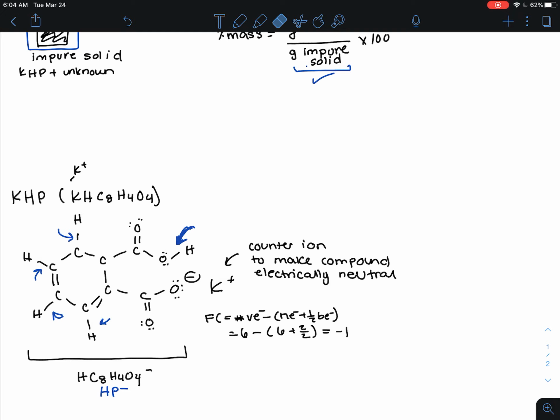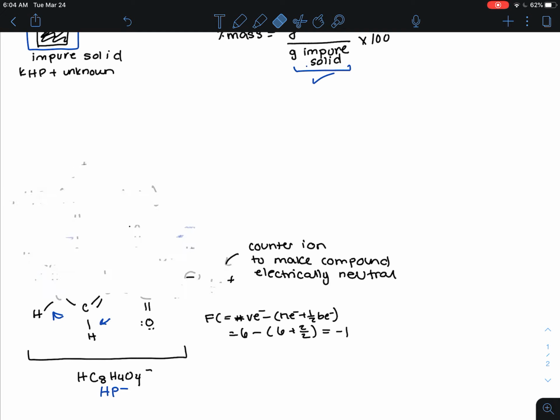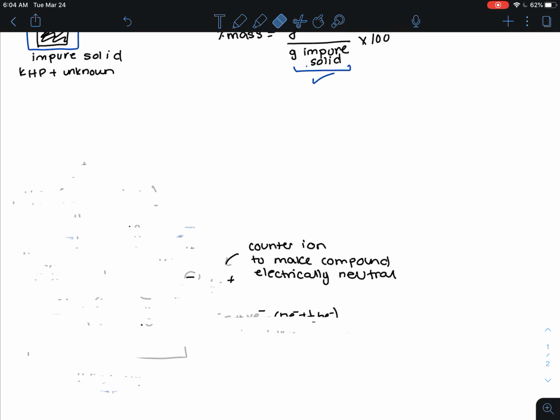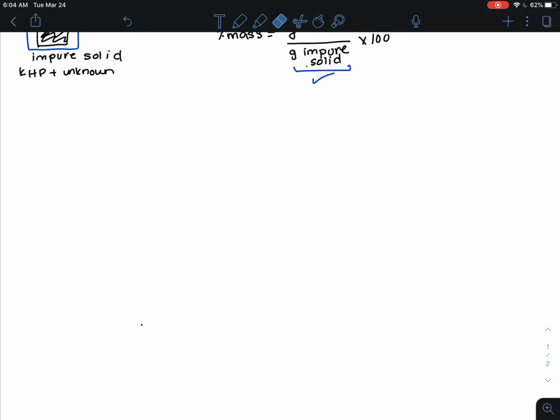Now, we know the structure up here. The base that we're going to use is NaOH, and we are going to react that with KHP in a titration. So let's, while I erase this, take a moment to write that reaction. Now you can use the long name or you can use KHP.